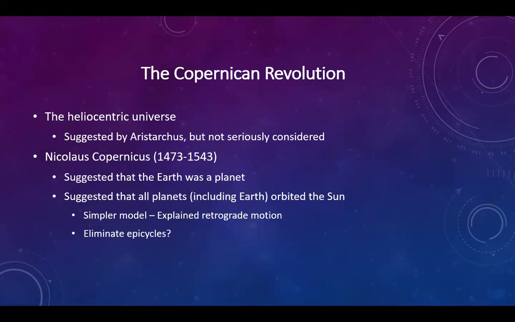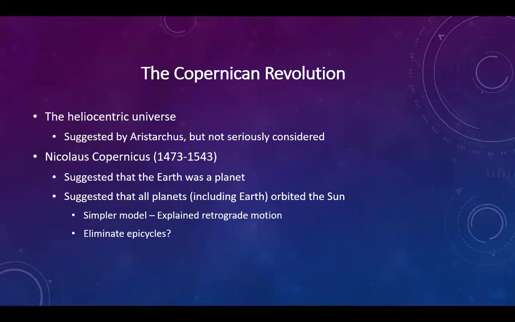And then Nicholas Copernicus put forth an actual detailed model. He lived from about 1473 to 1543. He was a Catholic monk. He suggested the Earth was a planet, and that all the planets, including the Earth, orbited the sun. This was in some ways a simpler model. It explained retrograde motion.